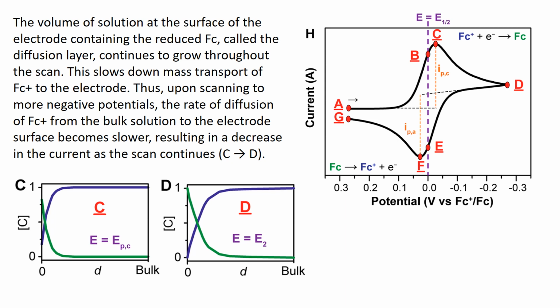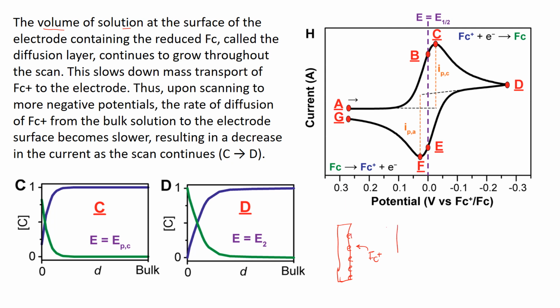Yeah, here this description is regarding the formation of the layer and the transport. So what is it saying? That the volume of the solution at the surface of the electrode containing Fc. So if you consider this electrode, the electrode will have electrons on the surface because we are giving the negative charge, and these Fc plus ions will go and get attached, which becomes Fc over here.